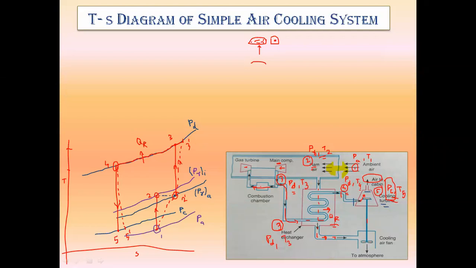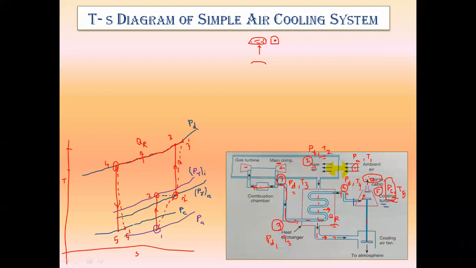Now, the outlet of this cooling turbine will be supplied to the aeroplane cabin, and as we have seen, there are a number of internal and external factors which are adding heat inside the aeroplane cabin. To take off that heat, we have to supply this cooled air, which has temperature T5 and pressure equal to the cabin pressure.